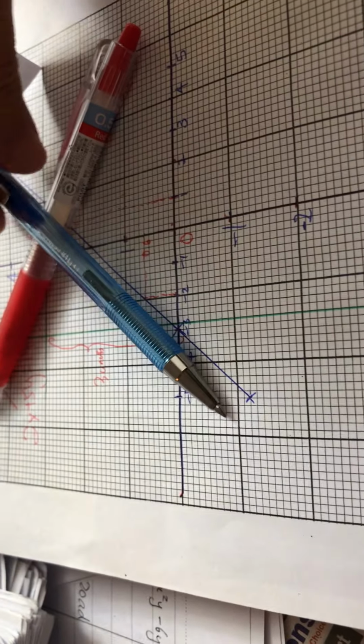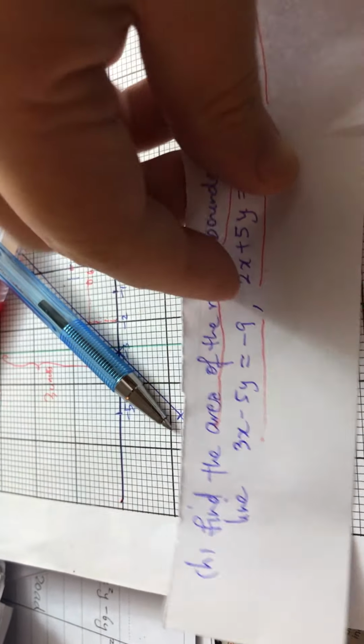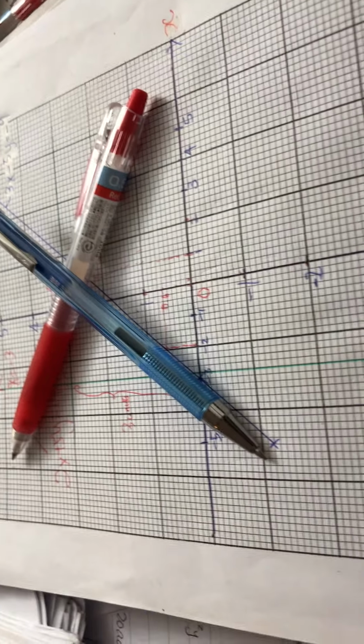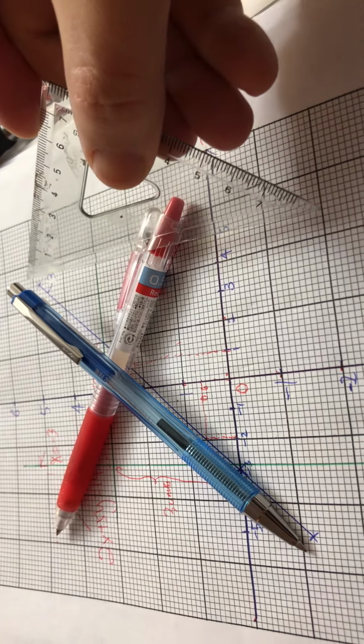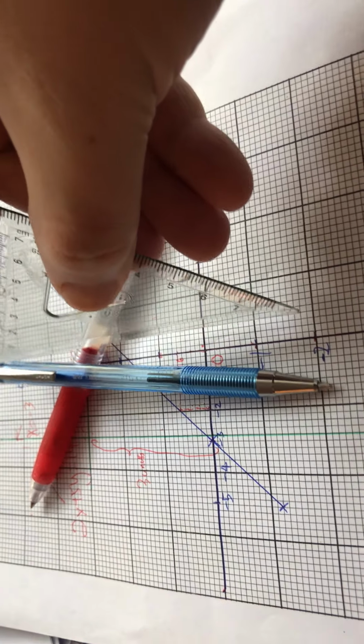Okay, you have this line already. And finally, they want you to draw this other line. X equals 5. Where is x equals 5? X equals 5 is this line here. This is x equals 4, x equals 3, x equals 2, and so on and so forth.